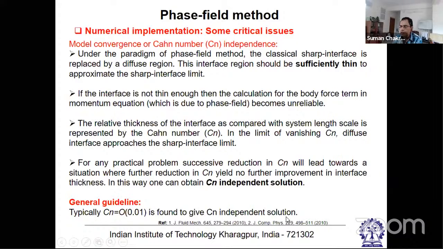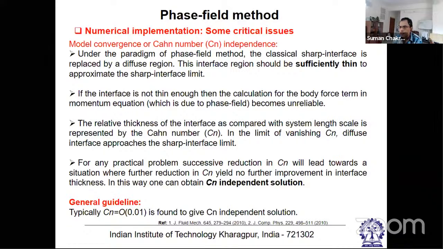These non-dimensional numbers are very important to set up the numerical solution, because for any nonlinear problem, and so much so for this type of problem, the model convergence depends on grid independence. And grid independence here is equivalent to a Cahn number independent solution.